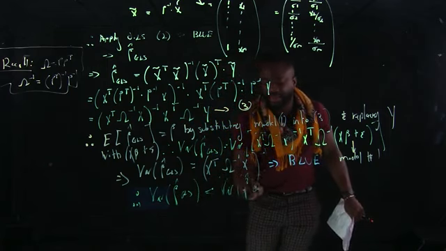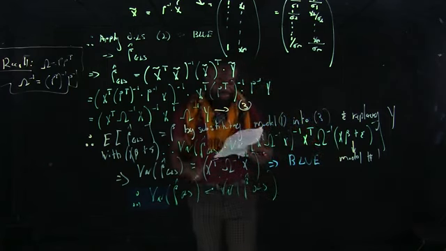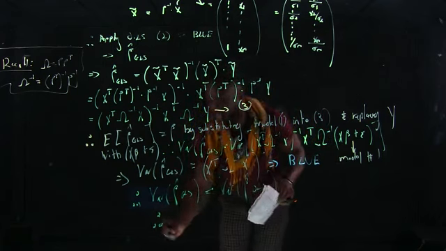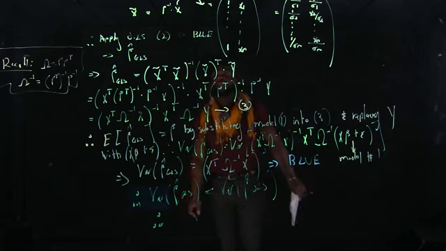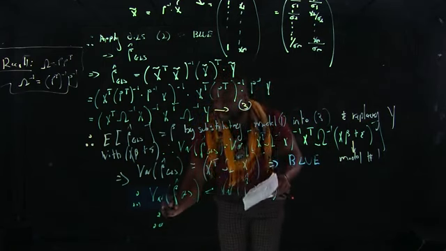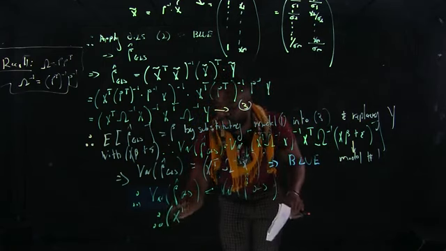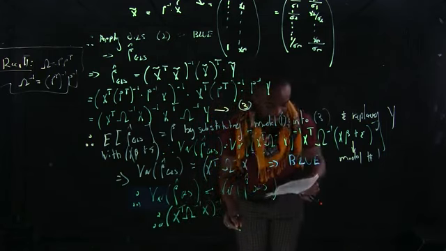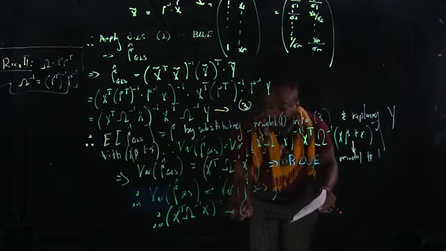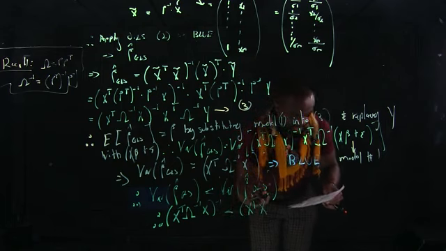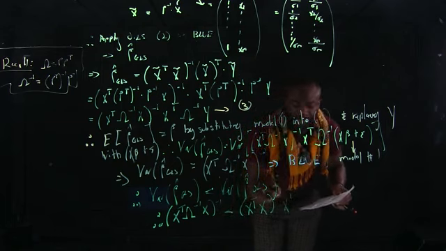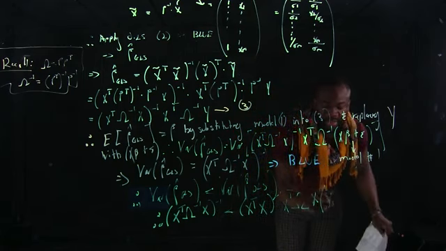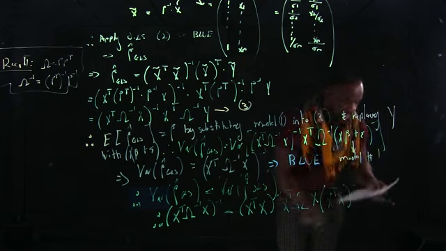Therefore, x transpose omega inverse x inverse is less than x transpose x inverse x transpose omega x x transpose x inverse.